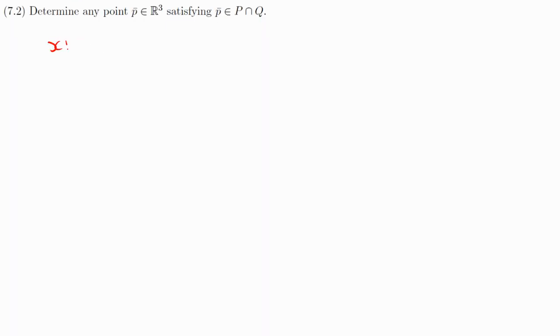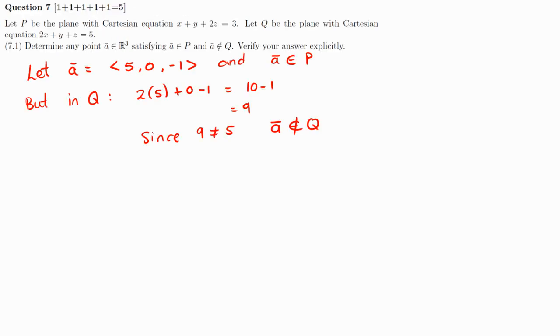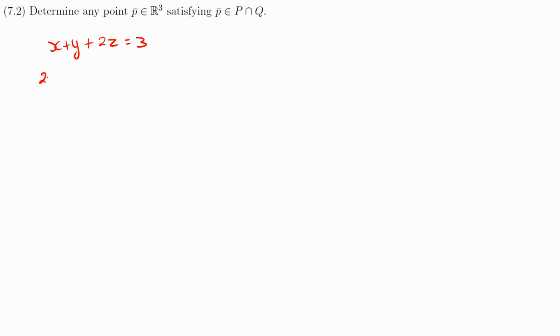So x plus y plus 2z is equal to 3, and then 2x plus y plus z is 5. What I'm going to do is write everything in terms of x. So I'm going to get y with something in x and z with something in x. First, let's get something with z by cancelling out these y's.